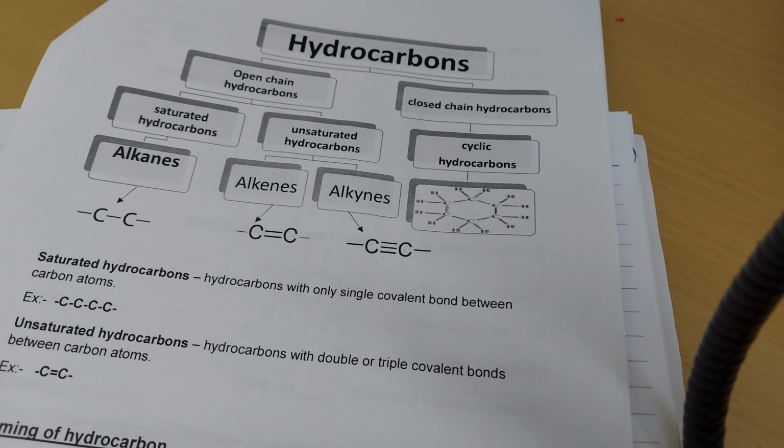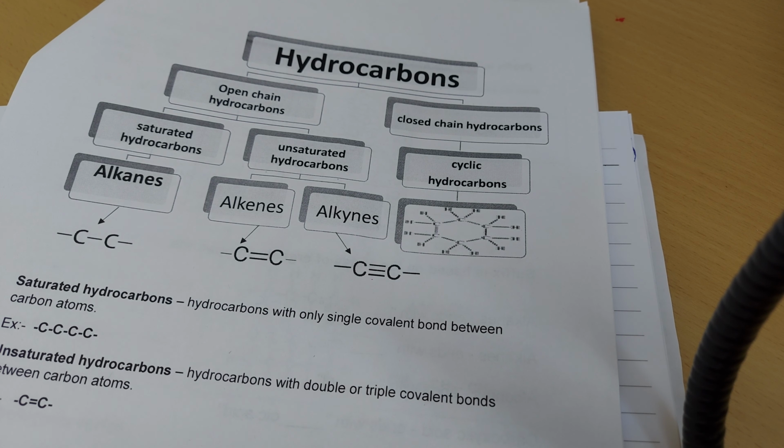Okay, so we need to talk more about carbon, since hydrocarbons contain carbon, of course, and carbon is very important. So we're going to be talking about the carbon atom and how covalent bonds are formed in the carbon atom.